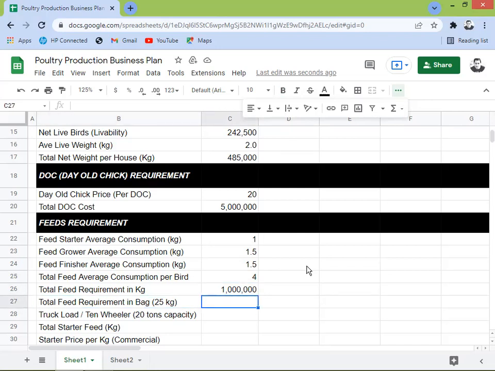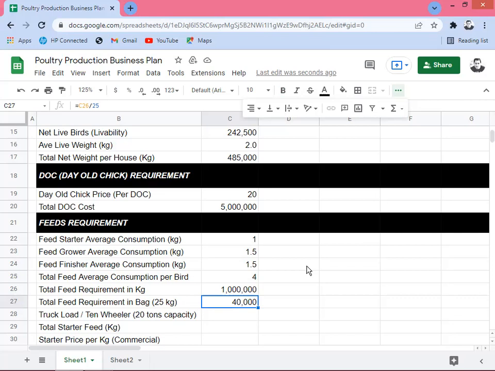If we're going to calculate the bags, that would be divided by 25 kilogram. In the past, health and safety regulations allowed 50 kilogram, maybe 50, 40, 30 years ago, or even 10 years ago, I don't know. But that is a violation in terms of the health and safety of the warehouse handlers or feeds handlers, because 50 kilogram is too heavy to handle by a person.